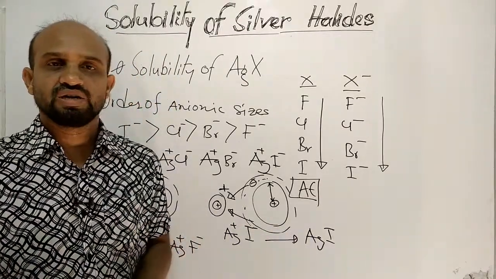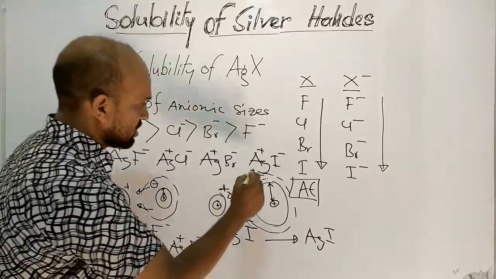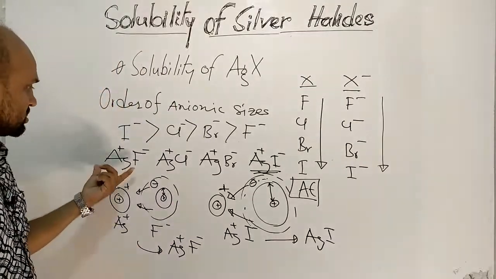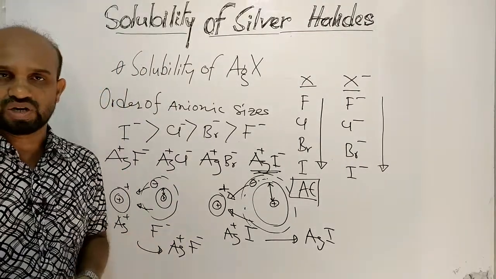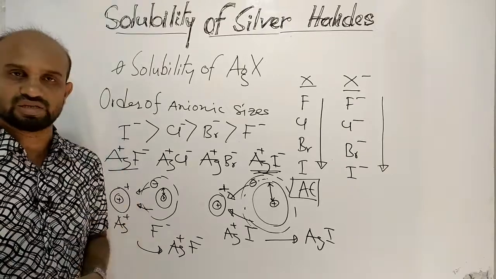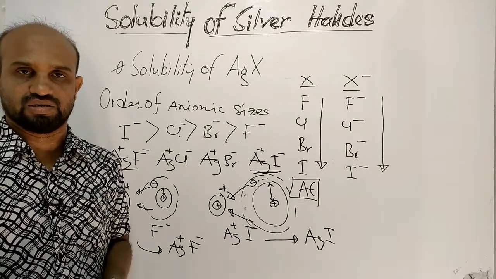So this is the way, through polarization, silver iodide gets covalent character, and due to almost no polarization, silver fluoride remains ionic in character.